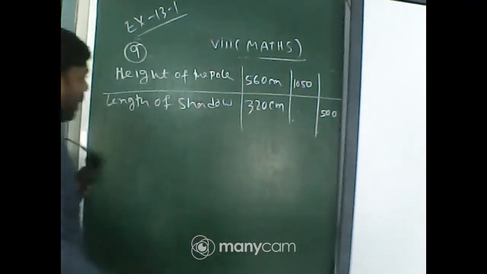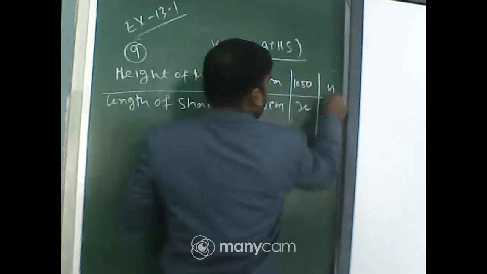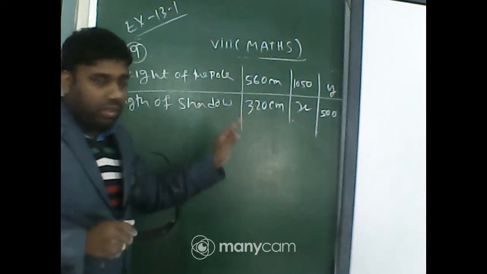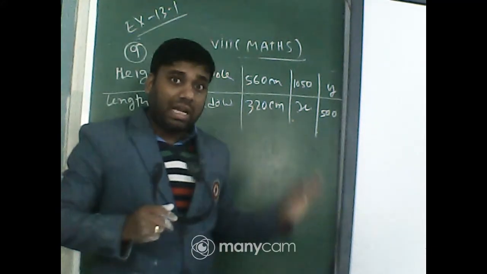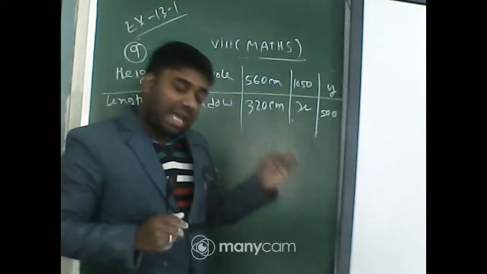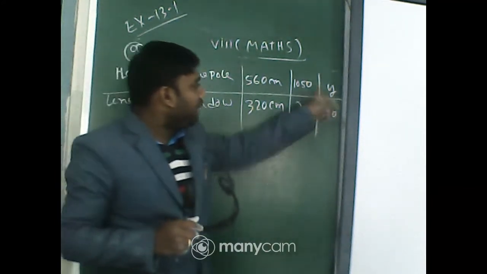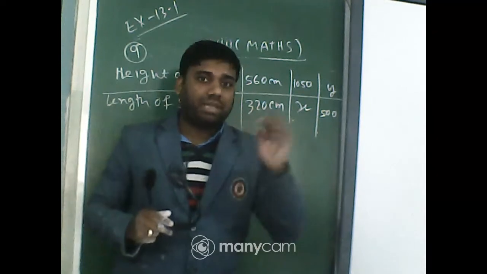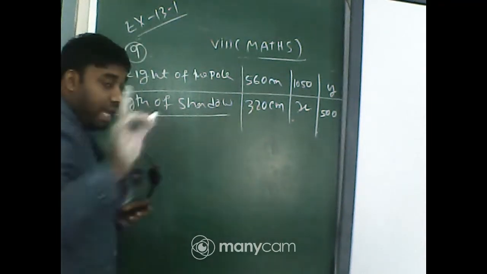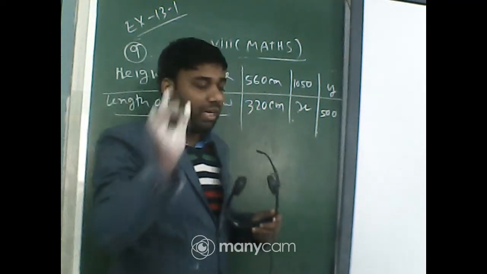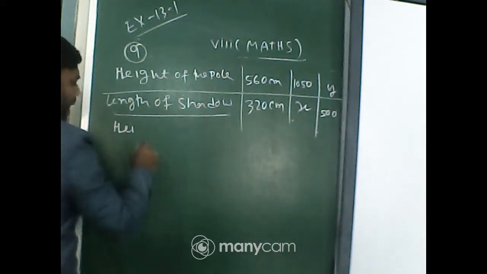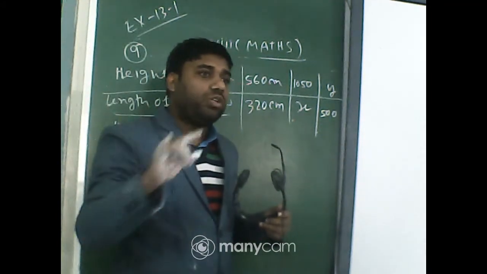Now I am taking x and y. Write this statement down: let the shadow be x when the length of the pole is 1050 centimeters, and the length of the pole be y centimeters when the shadow is 500 centimeters. Now, this line is very important, and you have to write it in every sum. I did not write it in the previous video, but I have told you this statement all the time.